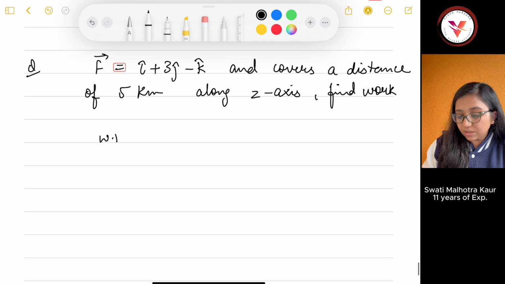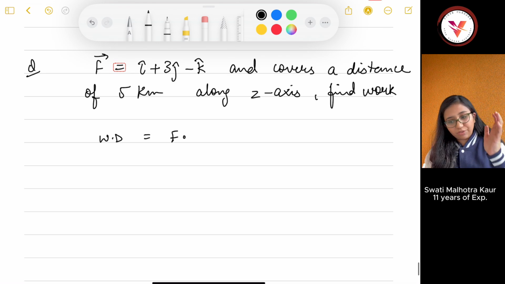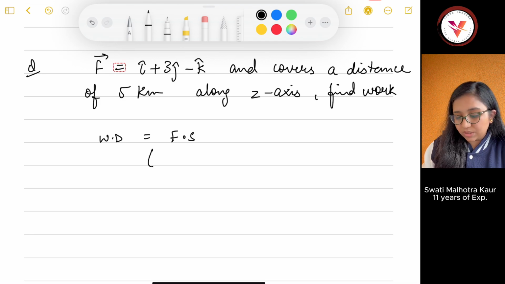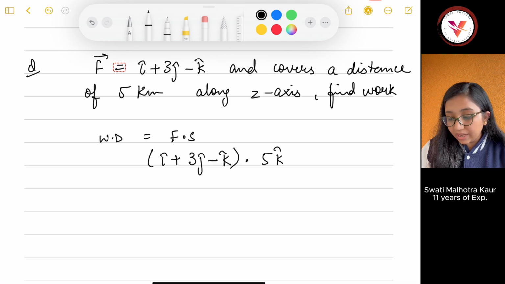Force dot displacement. Here the distance is 5 kilometer along the z-axis, so you can write it as 5k cap. So it is i cap plus 3j cap minus k cap dot 5k cap. Here there is only k cap, no i and j, so you have to use these terms only.